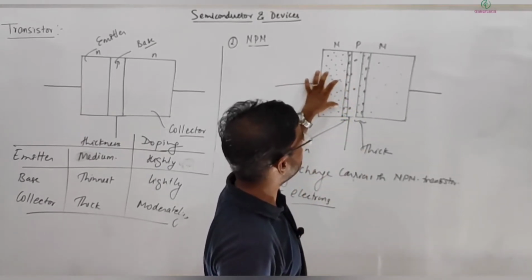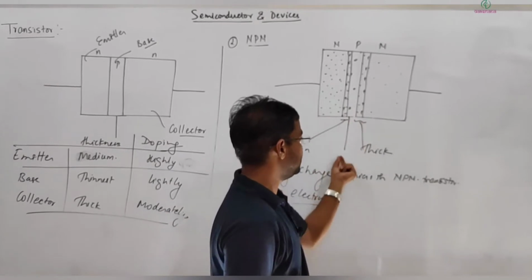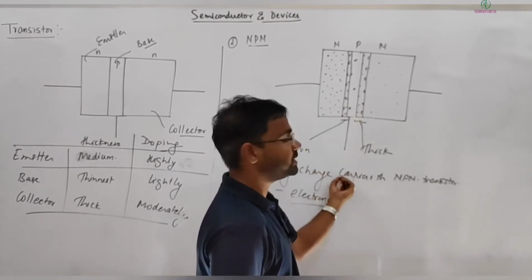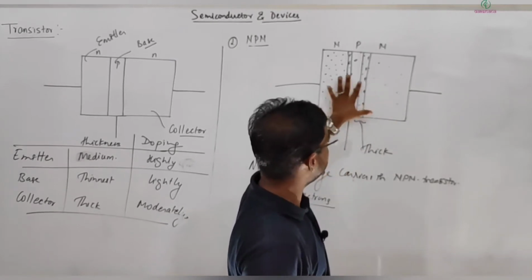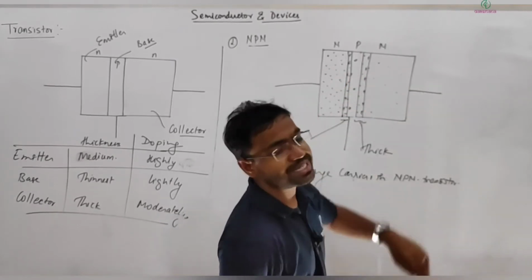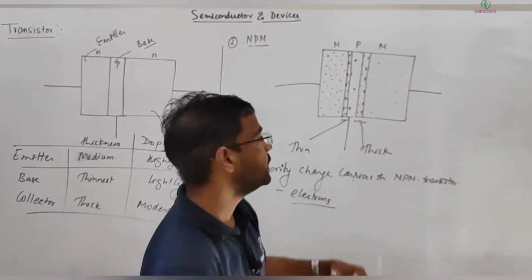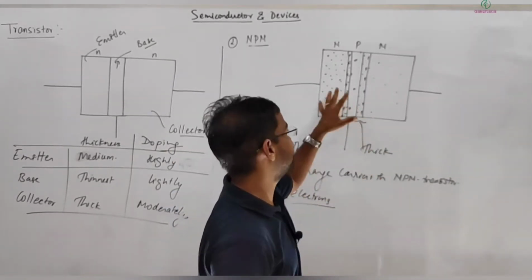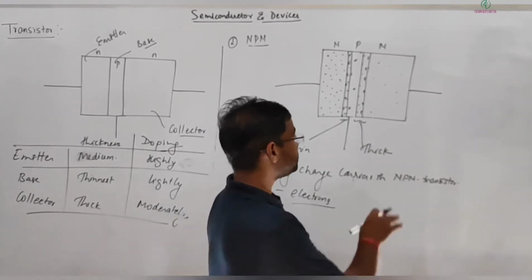So some electrons will be absorbed here in base. Some electrons will be absorbed this side, and the remaining, mostly electrons, will be passing towards the collector, and that's why it is termed collector, because it's collecting whatever number of electrons or charge carriers are emitted by the emitter.